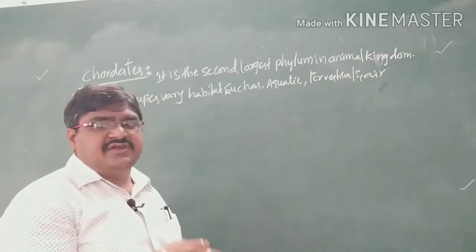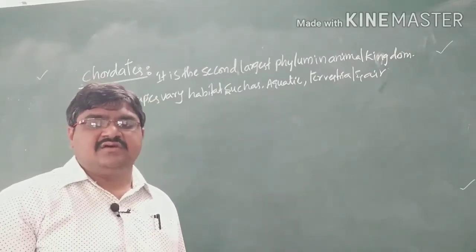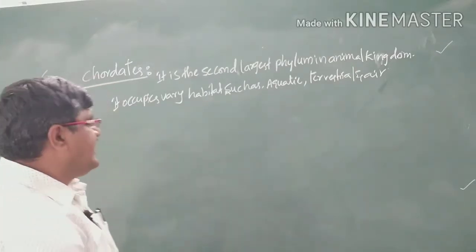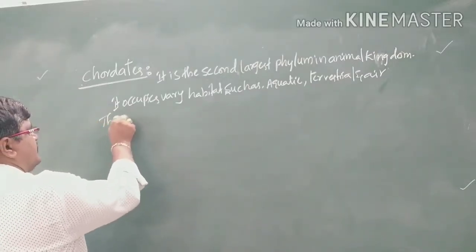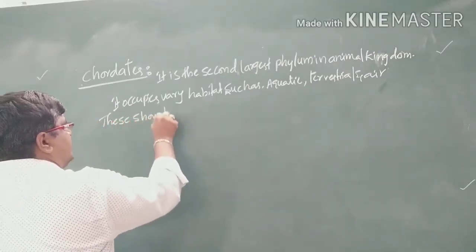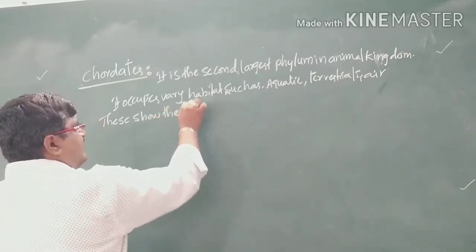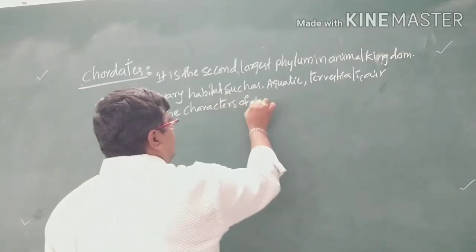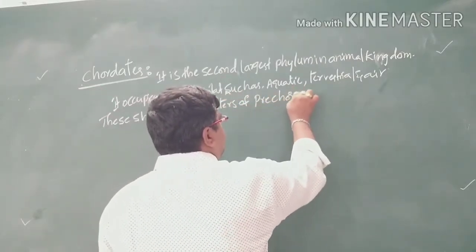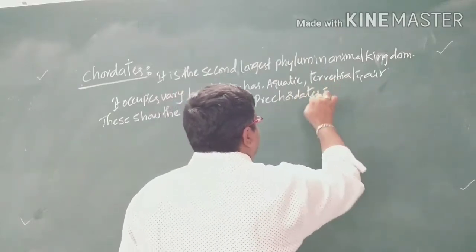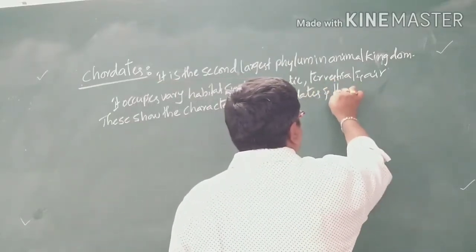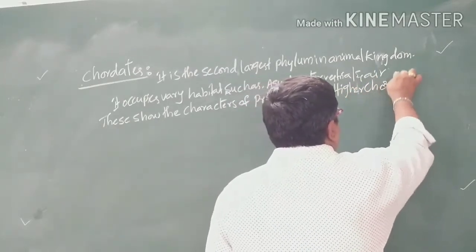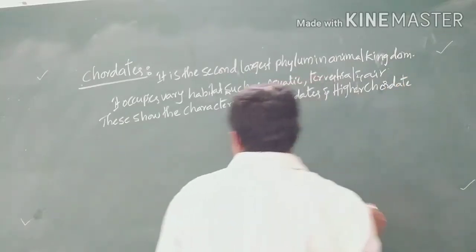So these are present in all habitats on the earth's surface. And they show the characters of prechordates and also higher chordate characters.